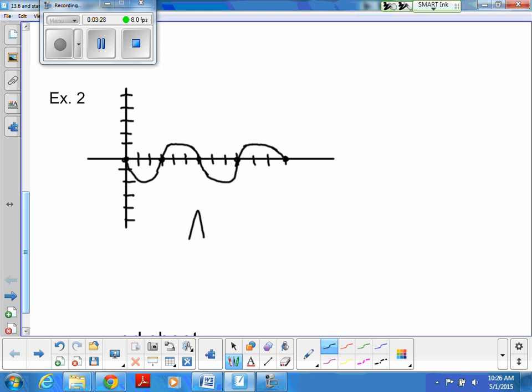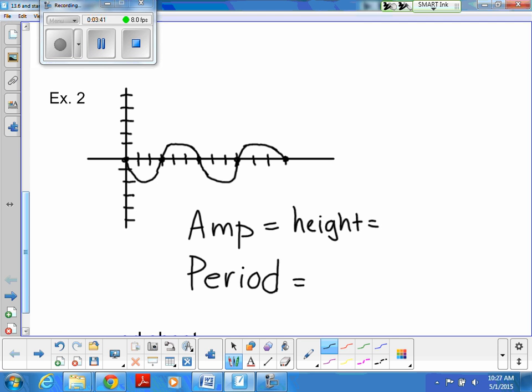So, amplitude, period. Amplitude, remember, it's the height. It's max minus min, divided by 2, absolute value. So what's the maximum height of this graph? 1.